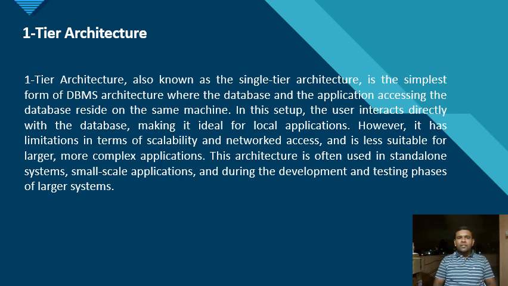However, it has limitations in terms of scalability and network access, and is less suitable for larger and more complex applications. This architecture is often used in standalone systems, small-scale applications, and during the development and testing phases of larger systems. This is about the one-tier architecture.